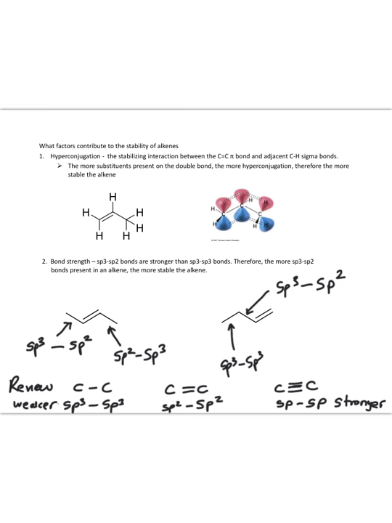So in any compound, if you have more of this type, that means sp3-sp2, it means that this alkene is going to be more stable. Okay, so therefore the more sp3-sp2 bonds present in an alkene, the more stable the alkene. So hyperconjugation and bond strength are two factors that contribute to the stability of alkenes.